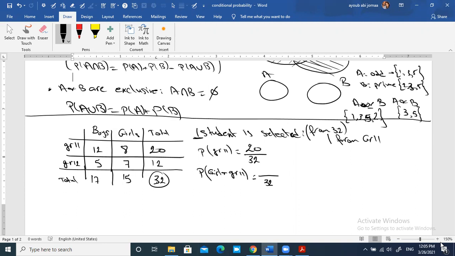Yes? 12 over 32. Why 12? Because the total number of girls is 15. I mean 15. But if you write 15 over 12, wait, above you picked 20 for grade 11, so how 12?